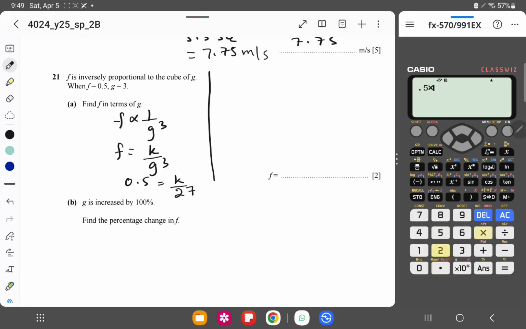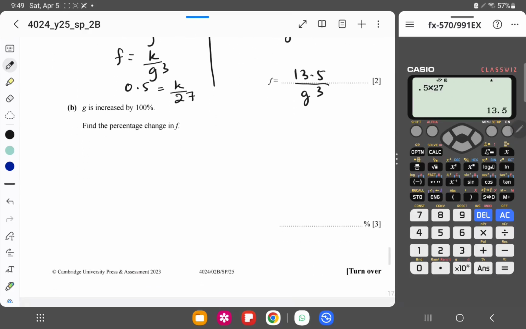So k is equals to 27 times 0.5, which is 13.5. So f is equals to 13.5 divided by g cube.